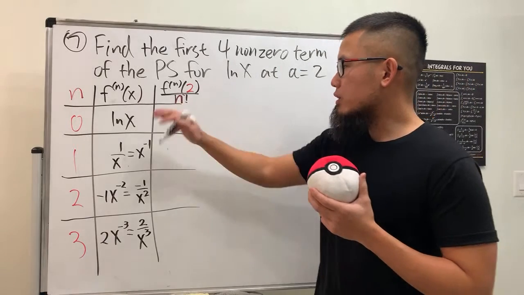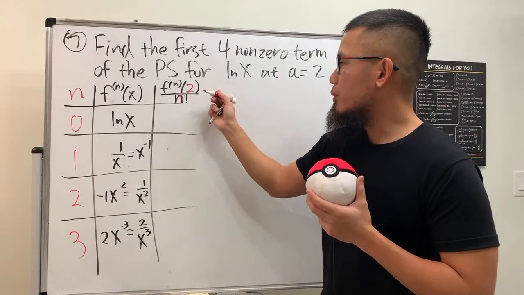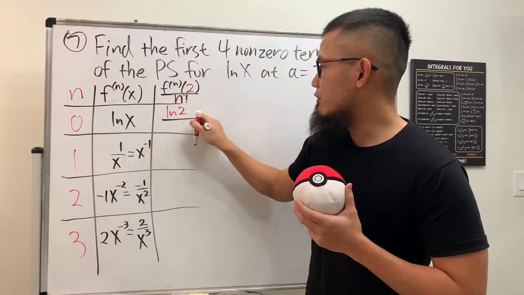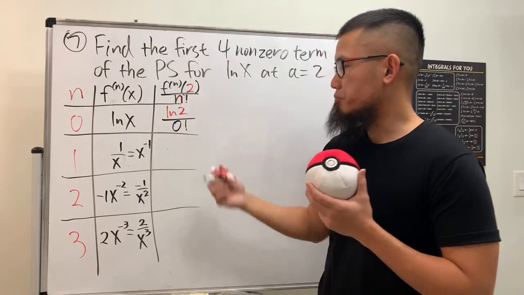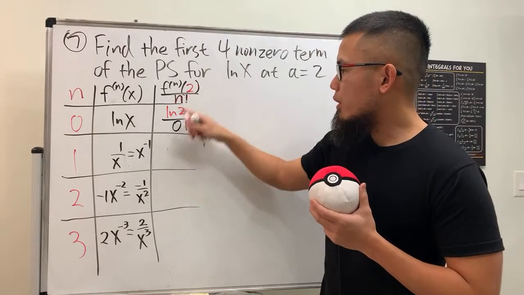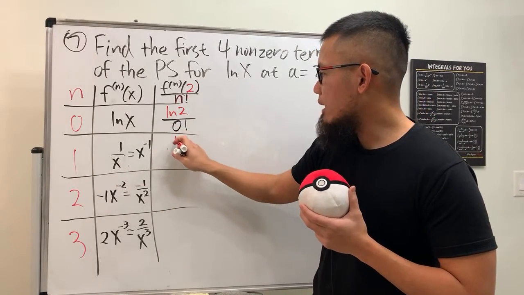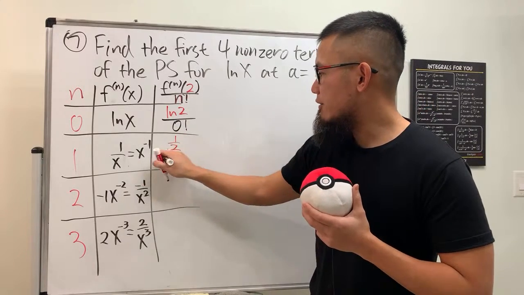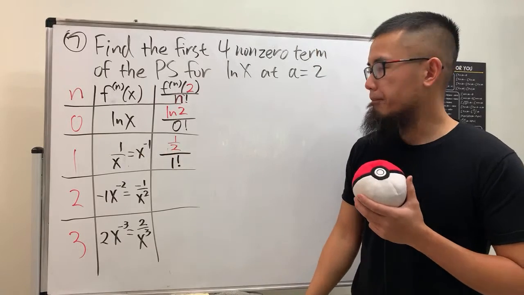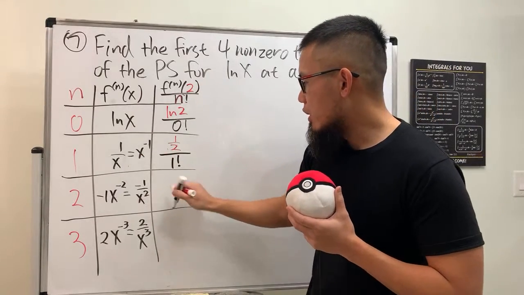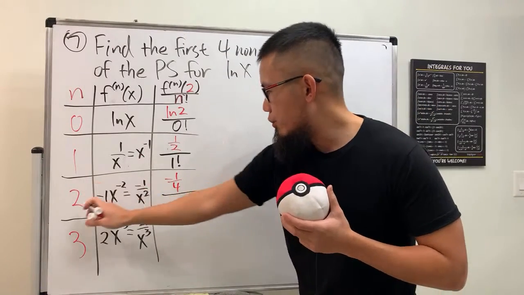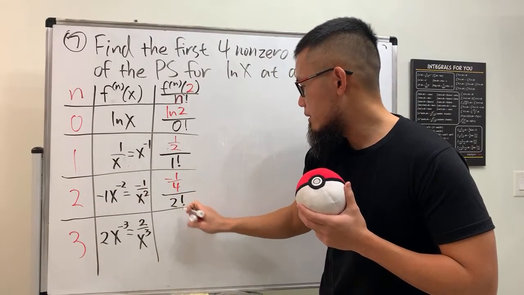So now we just have to work that out. First off, put a 2 in here, we just get ln of 2, divided by 0 factorial, so that's just ln of 2. Then putting 2 here, we get 1 over 2, divided by 1 factorial, which is just 1/2. Putting 2 here, we get negative 1 over 4, divided by 2 factorial.